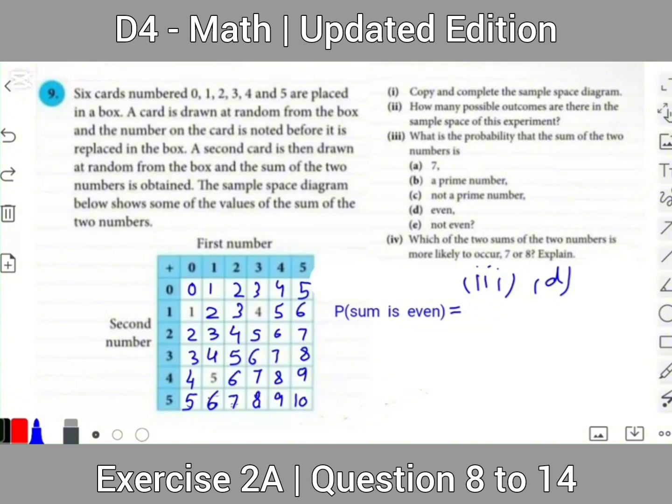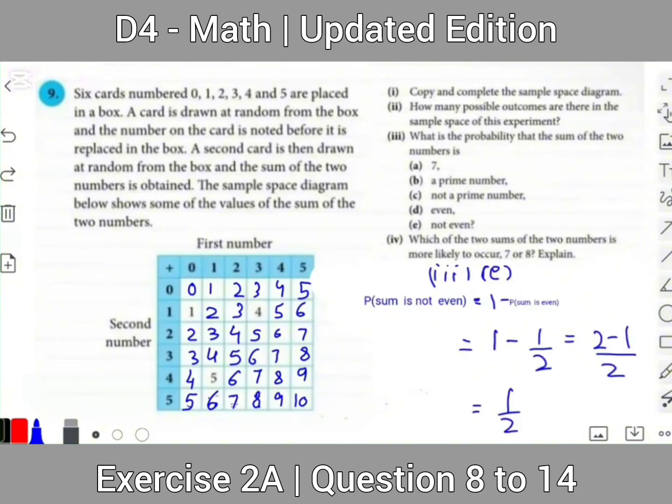So we have 1, 2, 3, 4, 5, 6, 7, 8, 9, 10, 11, 12, 13, 14, 15, 16, 17, and 18. So the number of favorable outcomes is 18, and the number of possible outcomes was 36. So it will be 18 over 36. Simplifying, it will be equal to 1 over 2. So the probability that the sum is even is equal to 1 over 2.